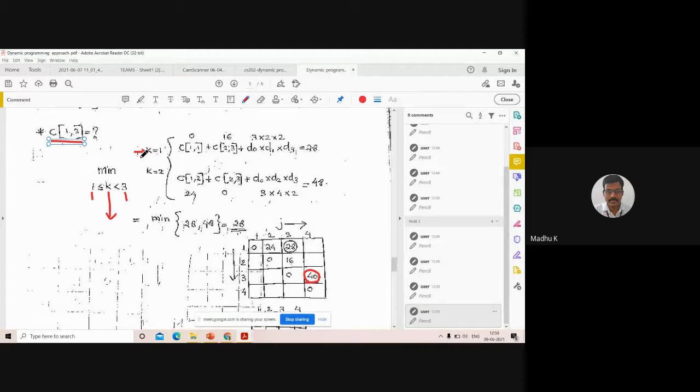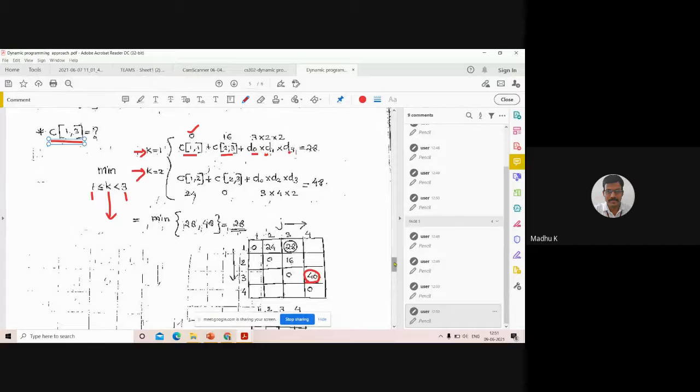You can observe here, K is equal to 1, K is equal to 2. In the case K is equal to 1, the equation is like this: D0, D1, D3. Then what is C of 1 1? It is 0. What is C of 2 3? C of 2 3 is already solved and stored in the matrix. You can try to understand the dynamic programming approach.